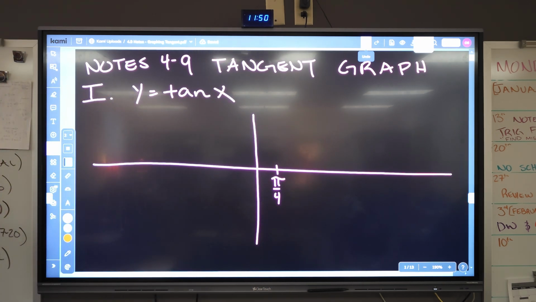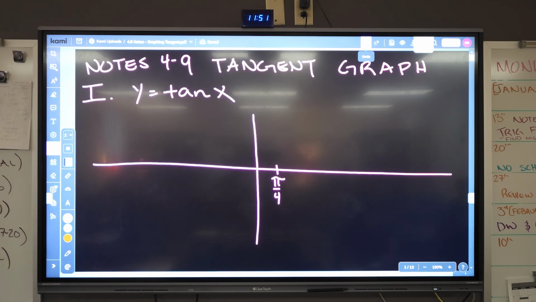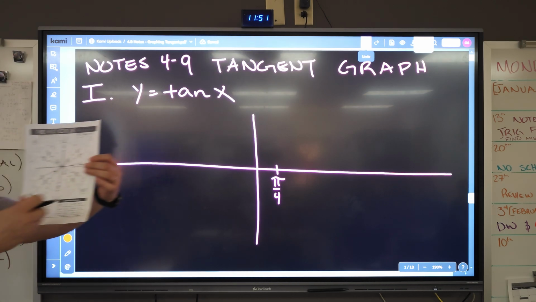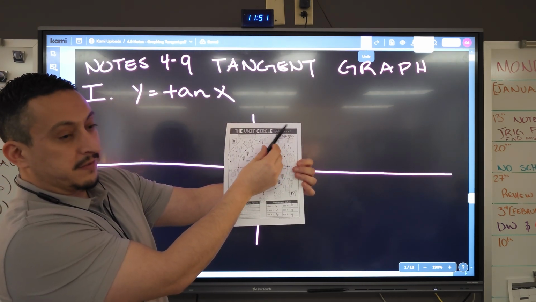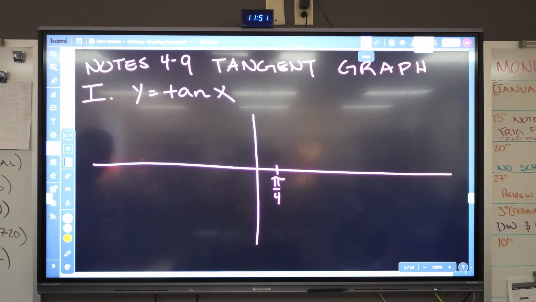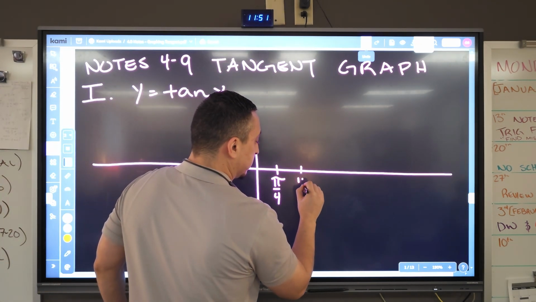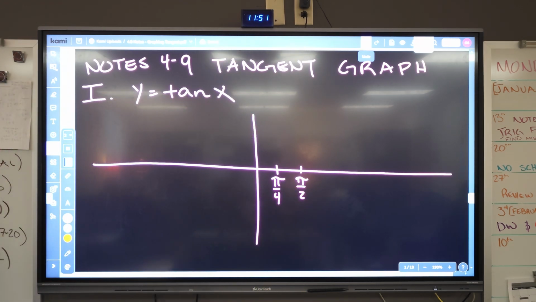This is important for you to understand what each one of these is. If I do another 45 degrees, what is the radian measure right there? Pi over 2. We're doing every 45 degrees.